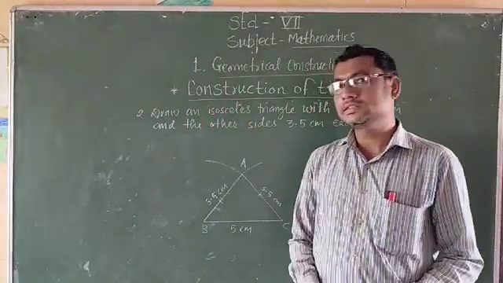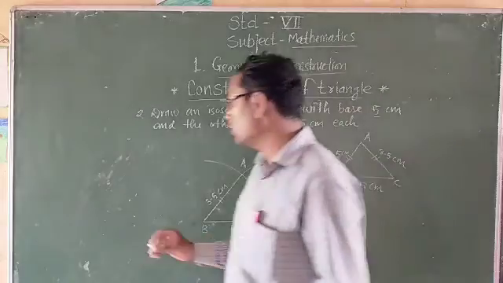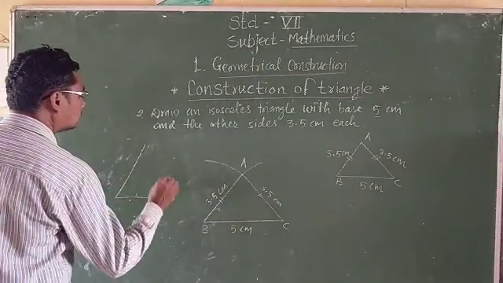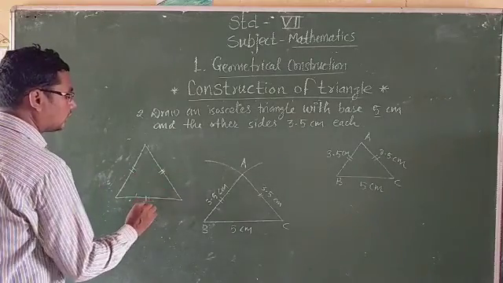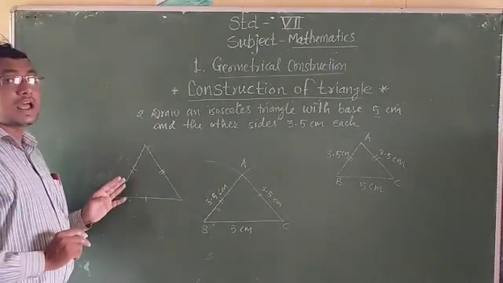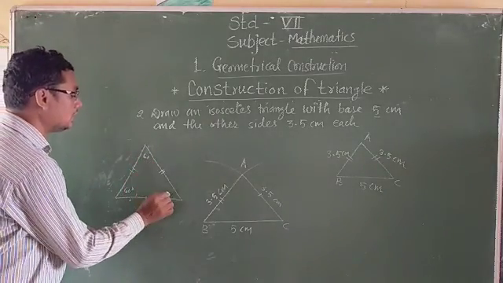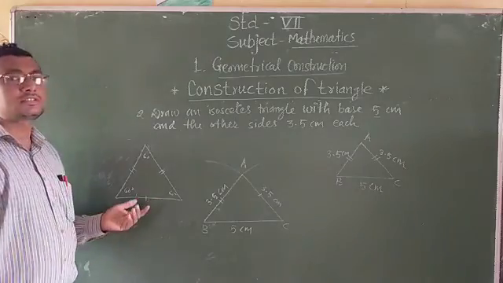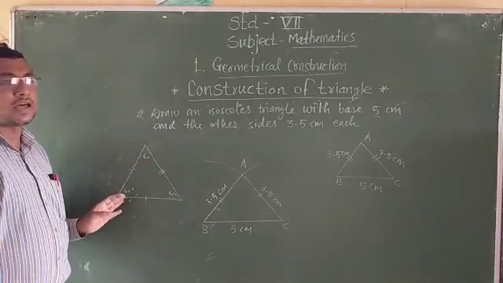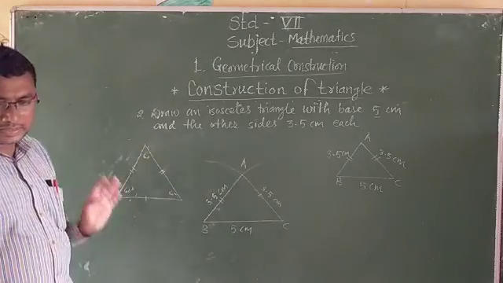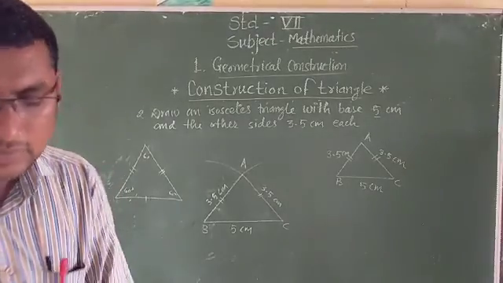If all three sides are equal and each angle is 60 degrees, then we say it is an equilateral triangle. All angles are 60 degrees and all three sides are equal. So we have to construct an equilateral triangle.